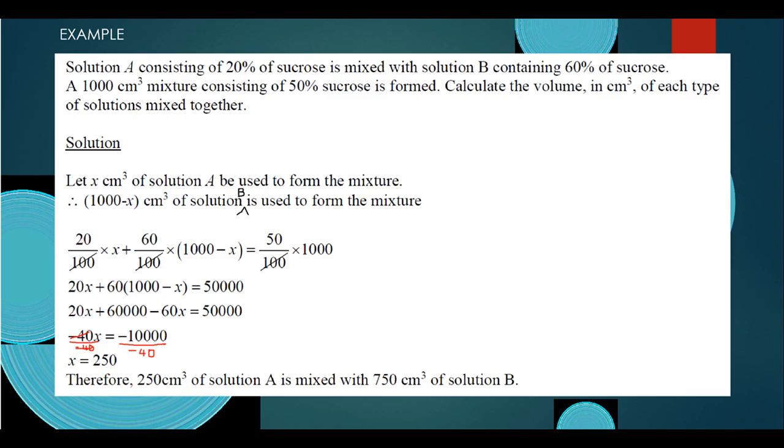So the conclusion is therefore 250 cm cube of solution A is mixed with 750 cm cube of solution B. So that's all to this mixture problem using the method of algebra. So we have come to the end of the lesson using algebra to solve simple problem sums.